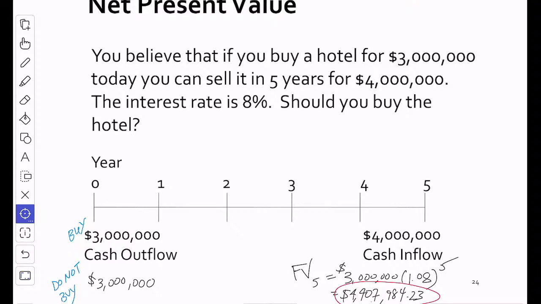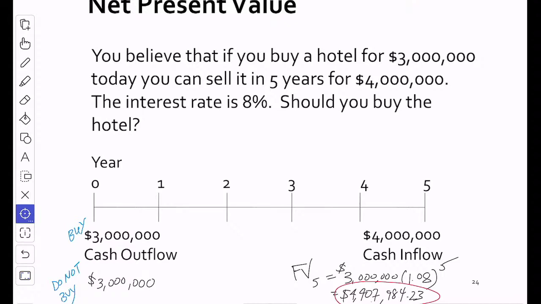Now, even though this will give me the answer, this is not the way that we look at things in finance. What we do instead is convert future cash flows into today's dollars, so they can be comparable today, so we can compare them to other purchases, so we can understand what it's worth, the purchasing power of doing so.